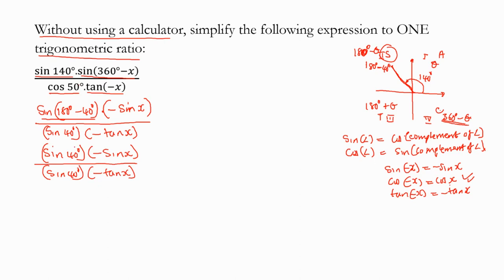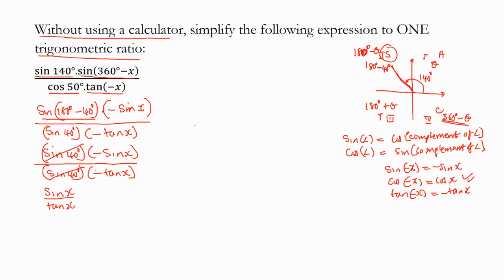Okay, and then sine 40 degrees divided by sine 40 degrees is 1. So we remain with negative sine x divided by negative tan x, and then negative divided by negative is positive. So this is equal to sine x over tan x.